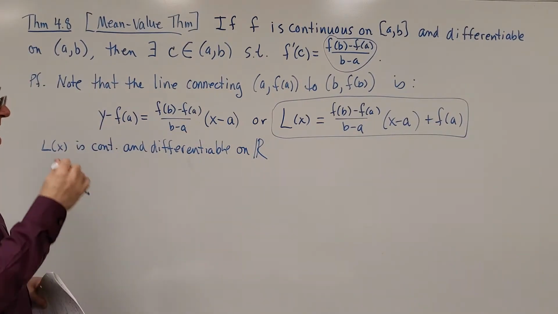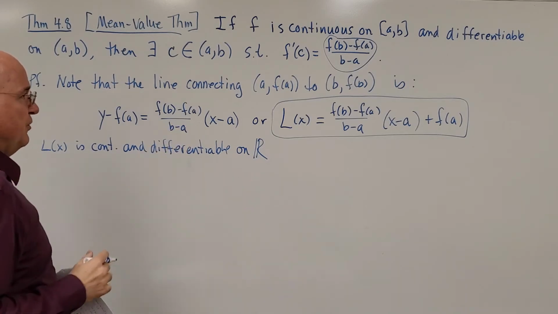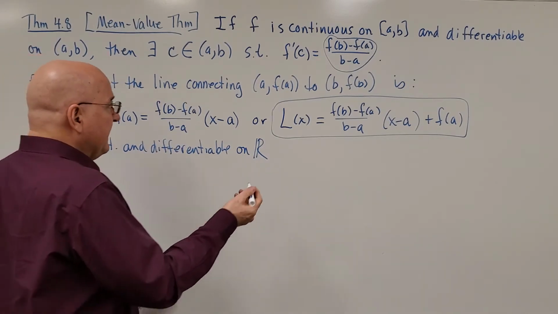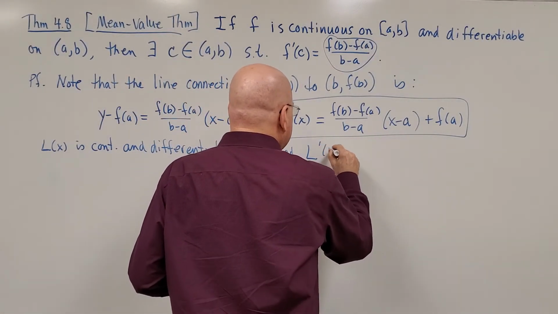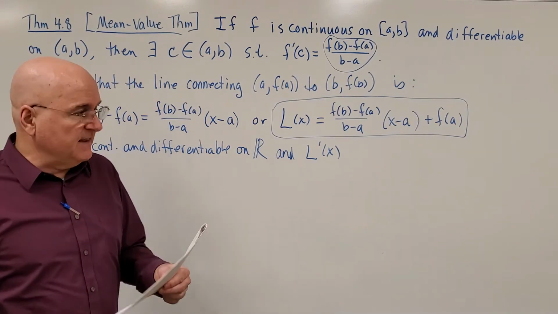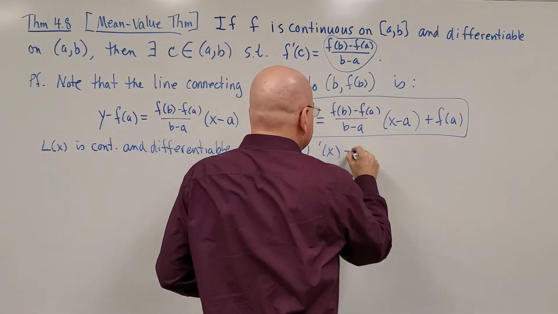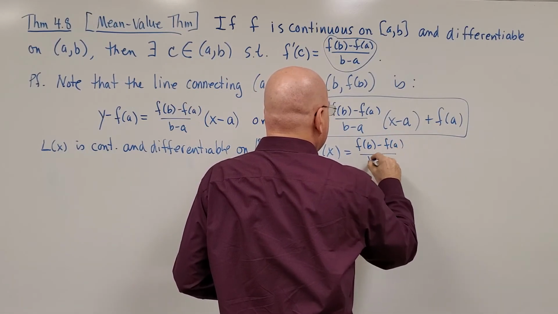Any straight line in the form of y equals mx plus b, or in this form, is continuous and differentiable on the entire real line, and it has a derivative. L prime of x would be what? Nothing but the slope of that line. This is it: f of b minus f of a all over b minus a.